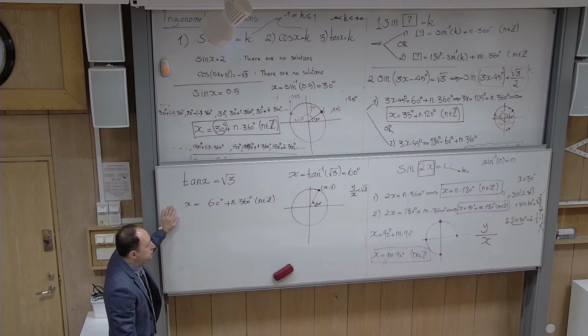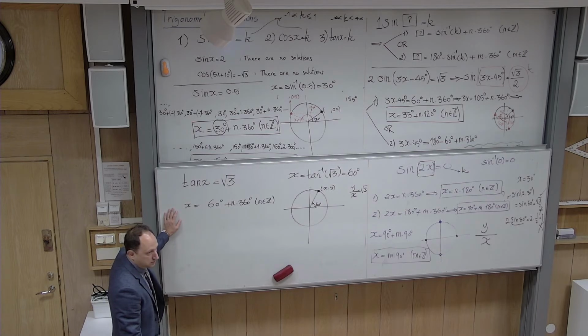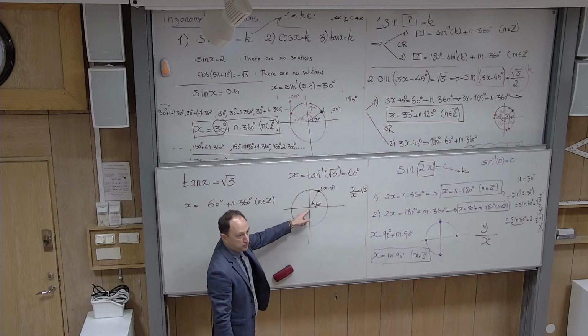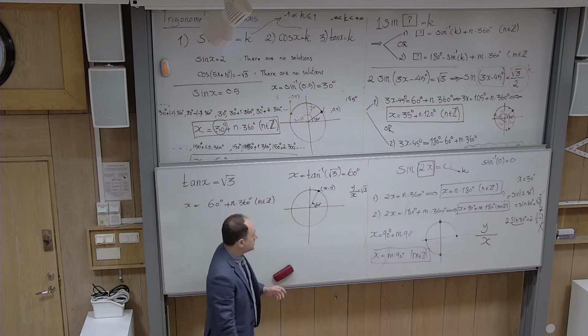Now my question for you, do you think I can find another point on the unit circle whose ratio of y to x is exactly square root of 3? Minus y, minus x. Minus y, minus x, which is where? Exactly the mirror image, the reflection of that with respect to this point. Why is that?